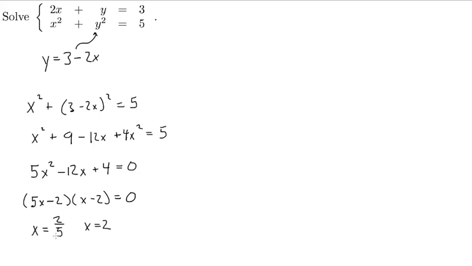Okay, now once again, we do not have half answers here. We need to give values for x and for y. So when x equals 2/5, I need to find the corresponding value of y. I'm going to find it by plugging in right here, into the substitution that we used before. So 3 minus 2 times x, but I know that x is 2/5.